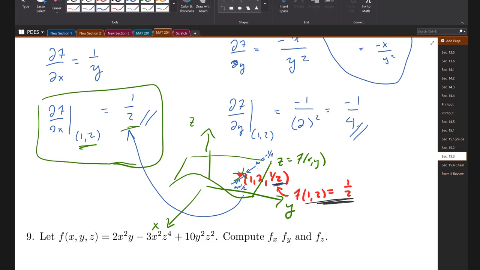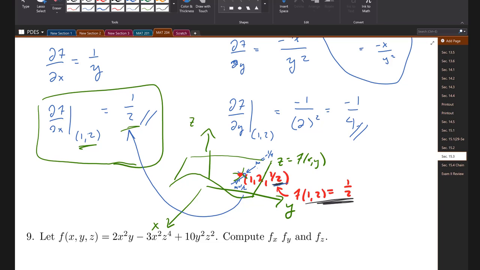Is there a slope in the z direction we need to know? No. That's because, Xavier, z is a function. What we're asking when we say derivative is, if I adjust the independent variable, how does the dependent variable change? And z is our dependent variable here, so it doesn't make sense to ask the other way around.